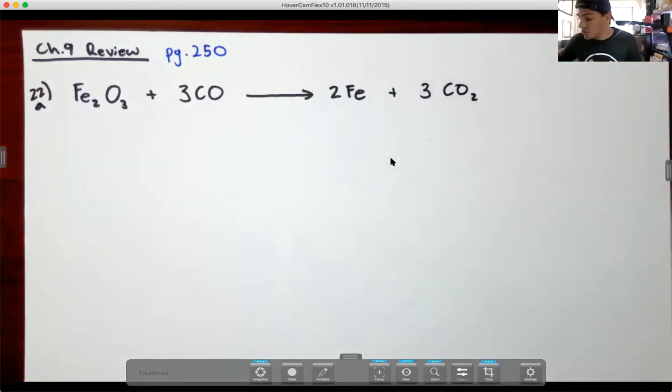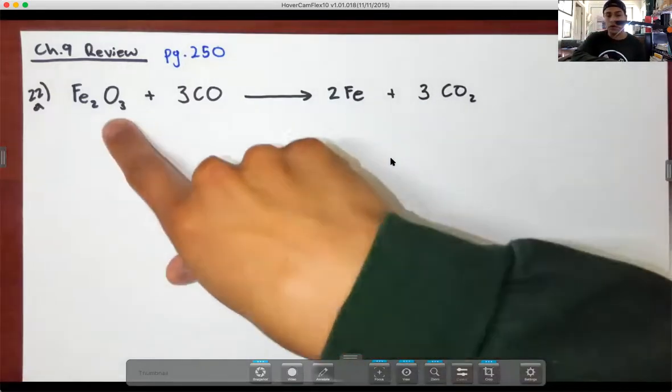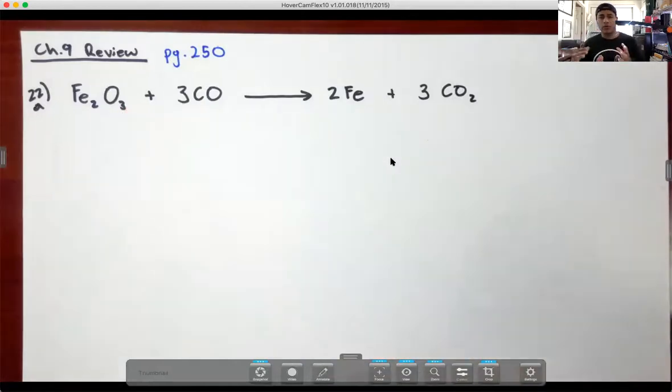All right, so we're in number 22. Let's read it out. Hematite, which is Fe2O3, is converted to molten iron in a blast furnace and is then poured into molds. The balanced equation is the following: Fe2O3, which is a solid. I didn't write that down there. When we're doing these problems, you can write the states down. They are kind of important.